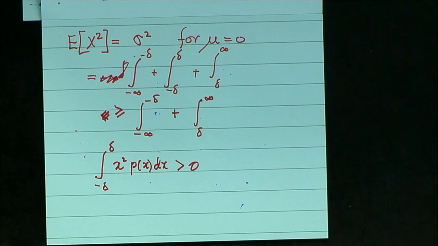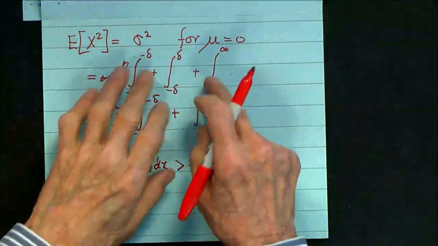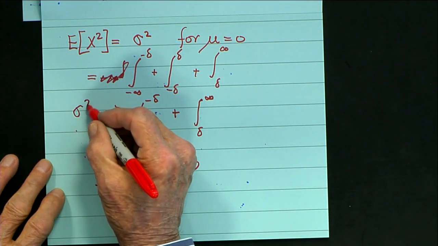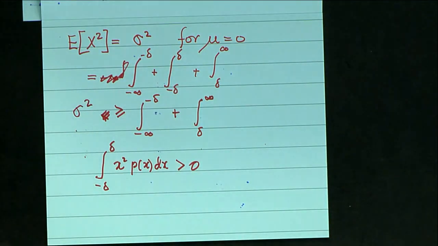And so therefore, if I drop it, this means that sigma squared is greater than the sum of those two integrals.